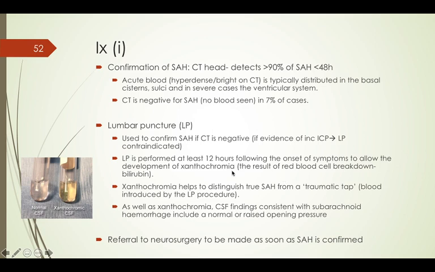Xanthochromia is very, very specific for a subarach. And then you may also find an increased opening pressure. Normal opening pressure is between 5 to 15 centimeters H2O for CSF. And you definitely need a referral to neurosurgery.